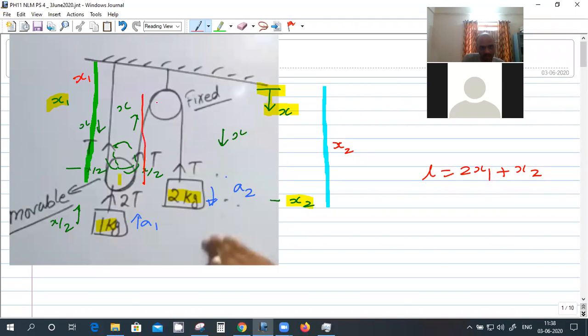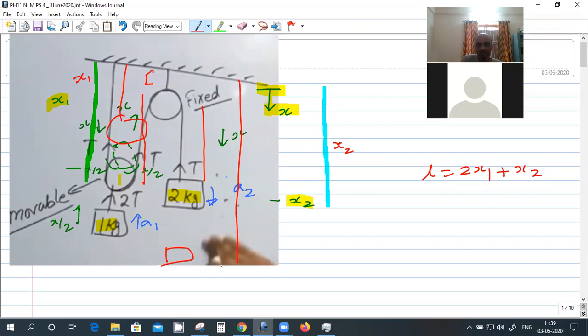If I forget this length, that doesn't matter. I'll explain later why it doesn't matter. So this is x1, this is also x1, and this length is x2. x2 is different from x1. In this figure it might look as if they are the same, but once this 2 kg block moves here, this pulley will move here, then x2 will become this one and x1 will become this one.